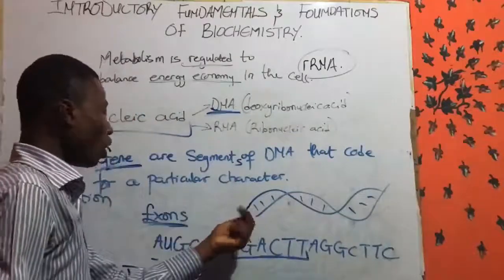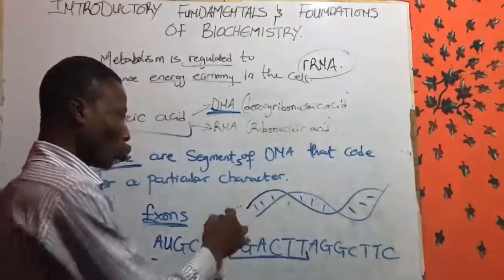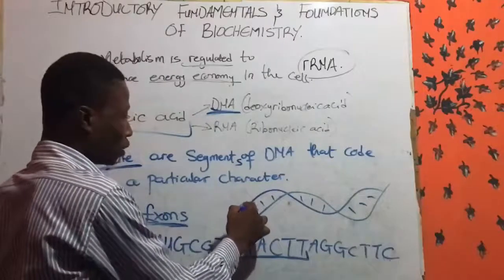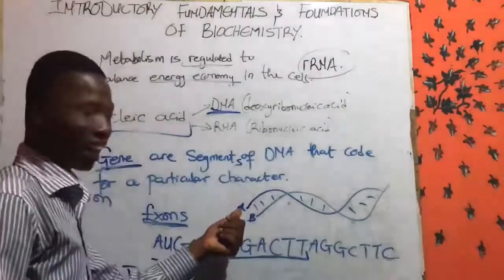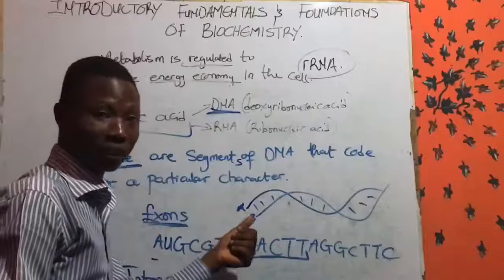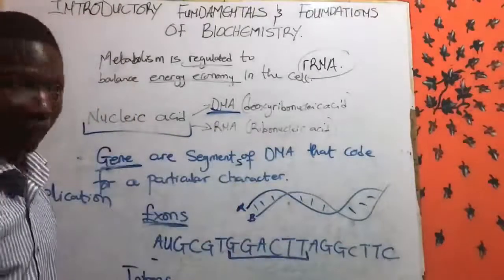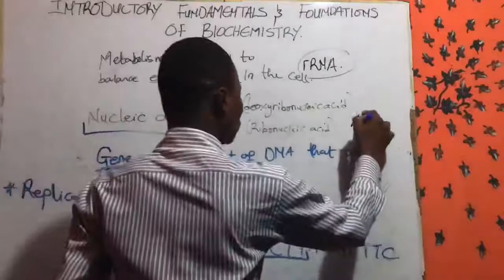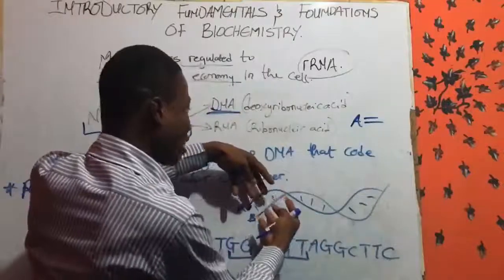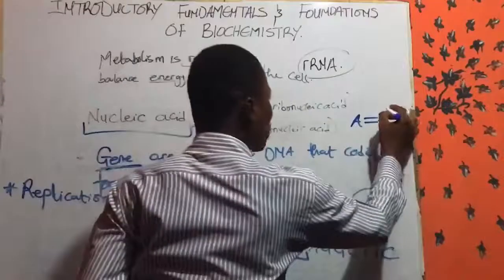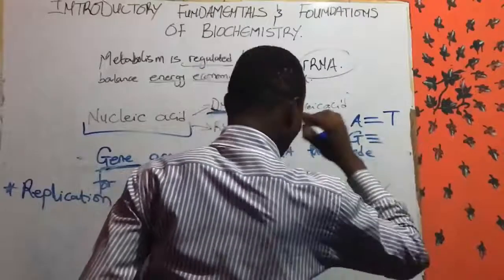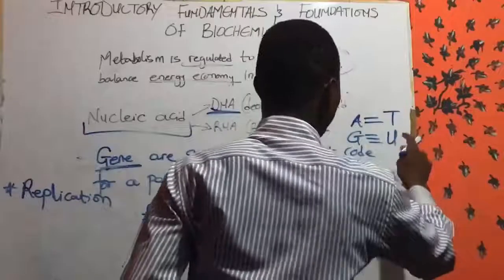So the information on one strand, let me call this strand A, let me call this strand B, is complementary to the information on strand B. That's where Chargaff's rule comes into play. Chargaff tells us that between one strand and the other there's what we call base pairing. A will base pair with T, and G will base pair with C.